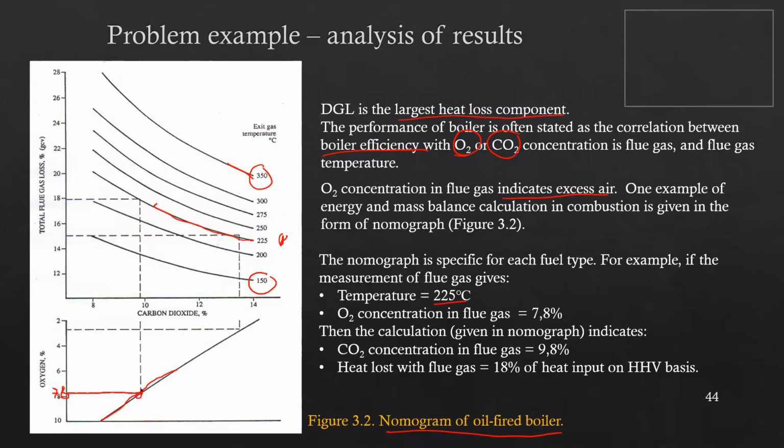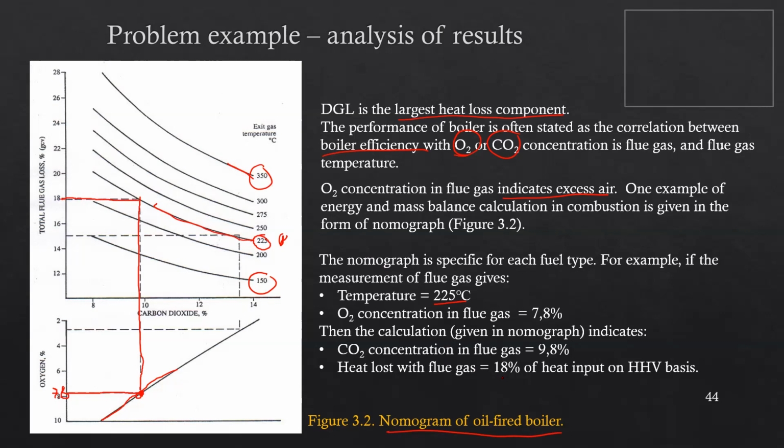After that, we take the straight line vertically until it intersects the known temperature of the flue gases, which is 225 degrees C. Then we get the total flue gas losses by interpolating the line to the left-hand side, horizontally, until it intersects the y-axis. So the heat loss with the flue gases is 18%.